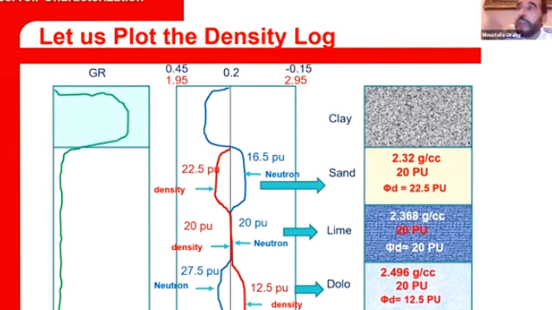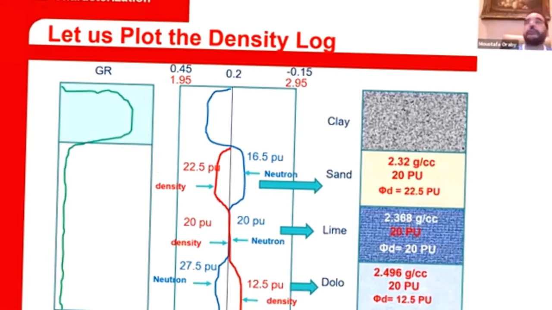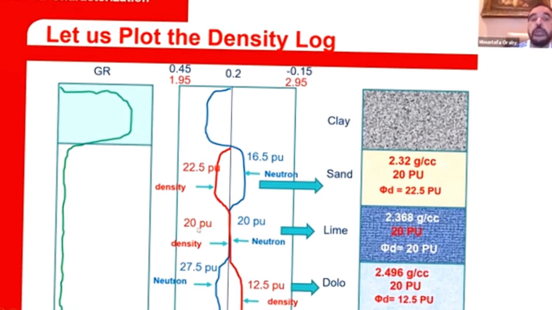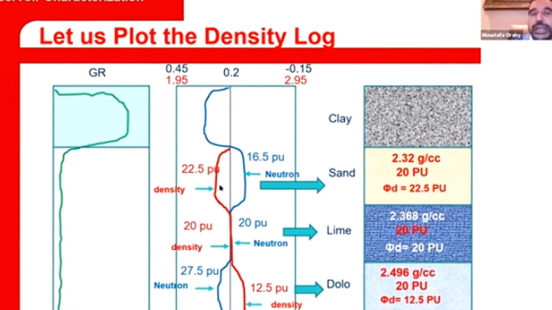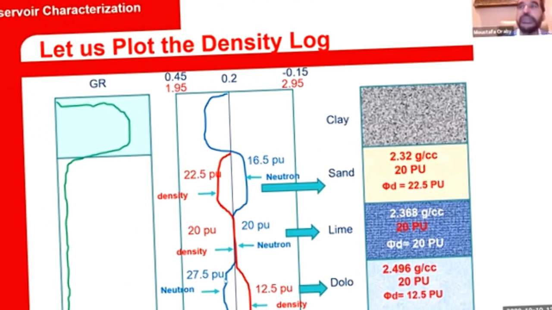So now, even if I put them on the wrong scale, from the behavior of the neutron and the density, I can find my lithology. Okay, so I know my lithology by looking at the behavior of the neutron and the density. And we'll take an example on this because it's very important to understand.